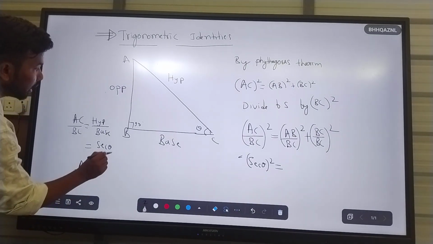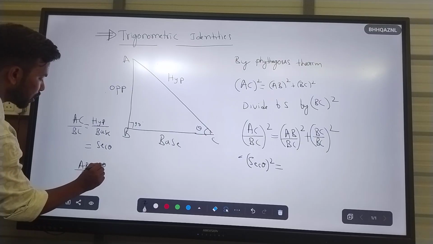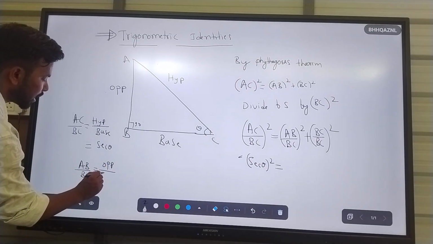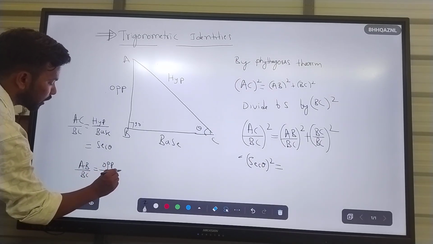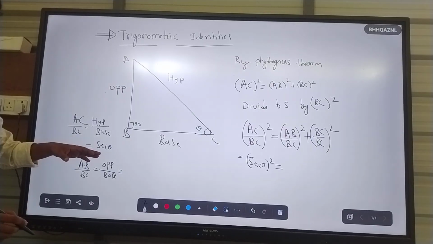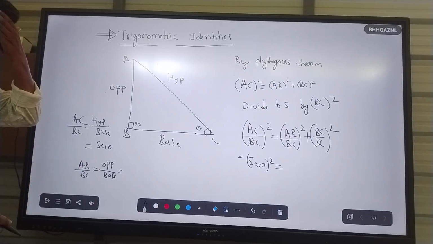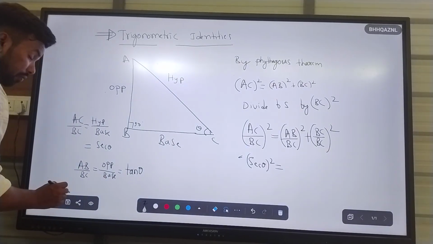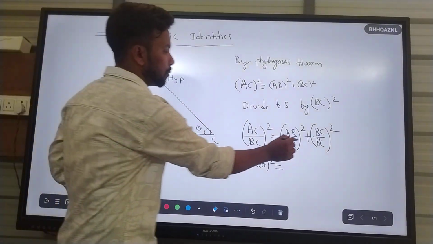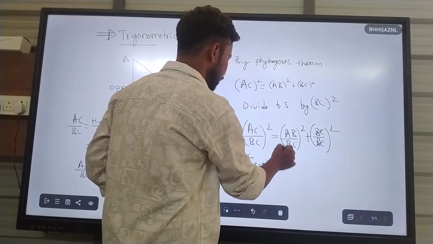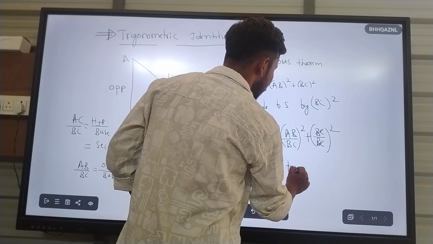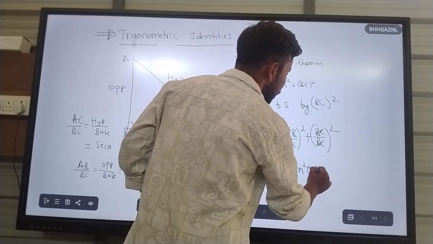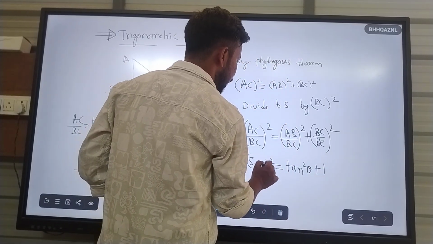AB means opposite, BC means base. Opposite by base is tan theta. BC by BC cancels to 1. So one more formula is ready here.